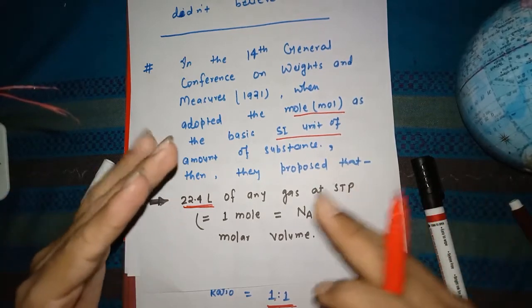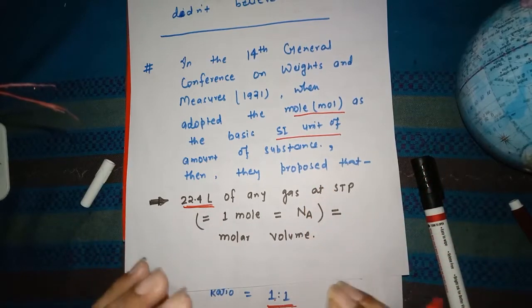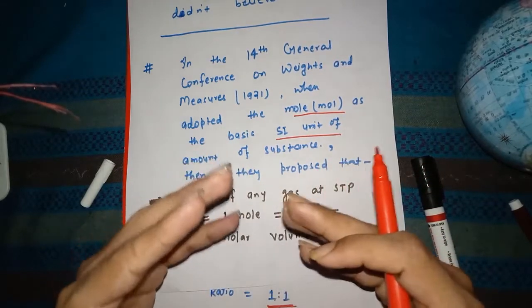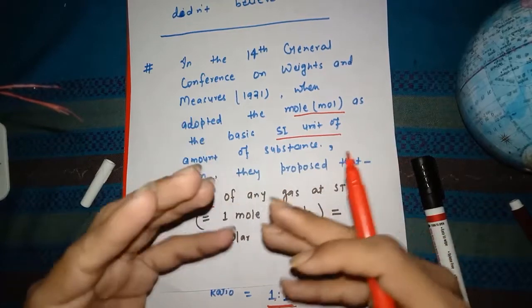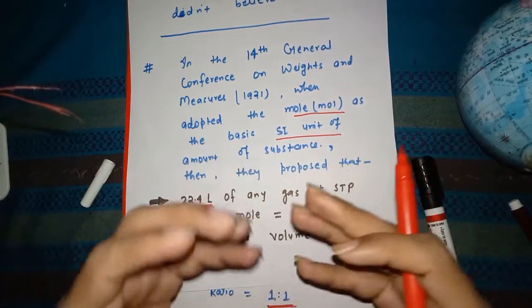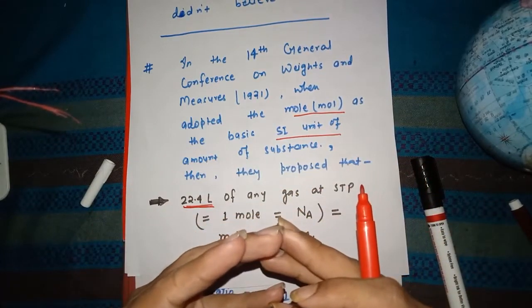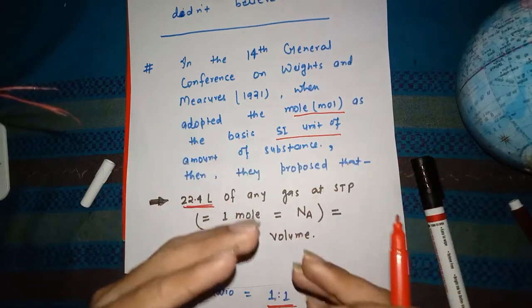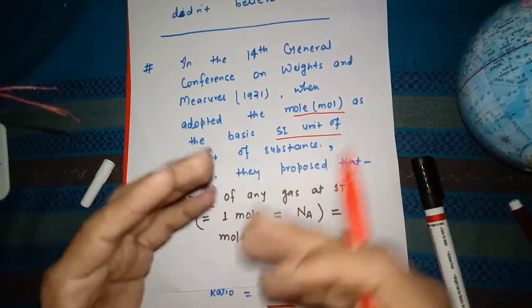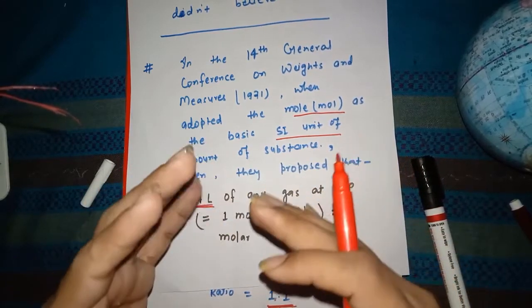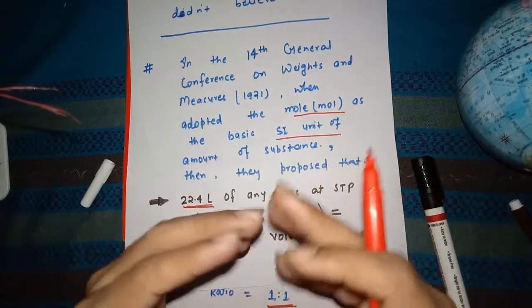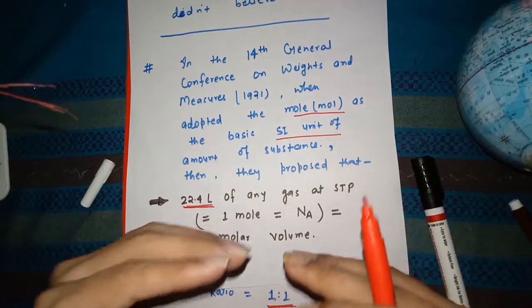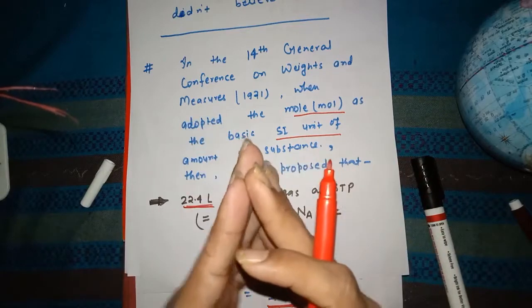They proposed this because substances are made up of very tiny particles, so we cannot count them easily. In chemistry, dealing with numbers of atoms is very lengthy and very hard. So we must take a standard by which we count.